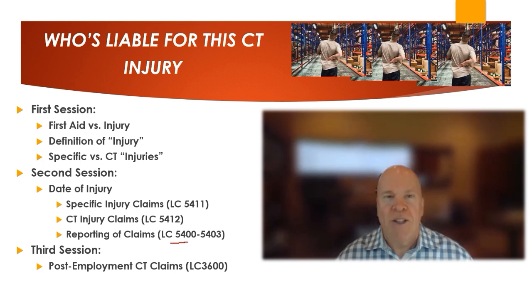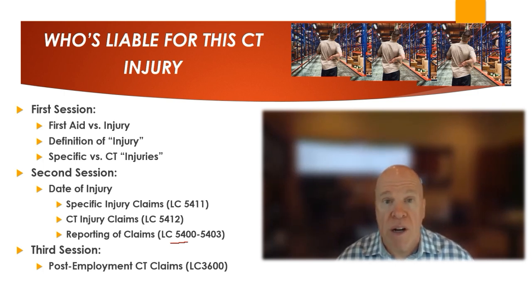And then in our last session, we spent the entire session talking about what is going to make up the bulk, at least 50% of all of your evaluations: the post-employment cumulative trauma injury claim. And for the most part, most of these cases come to you as denied claims.